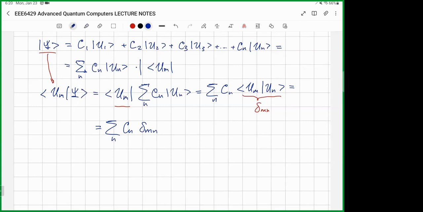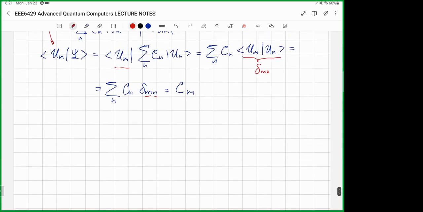So now for a given m, delta mn is equal to 0 when n is not equal to m, right? But when n equals m, this delta equals 1, and only one term in this series survives, which is cm.